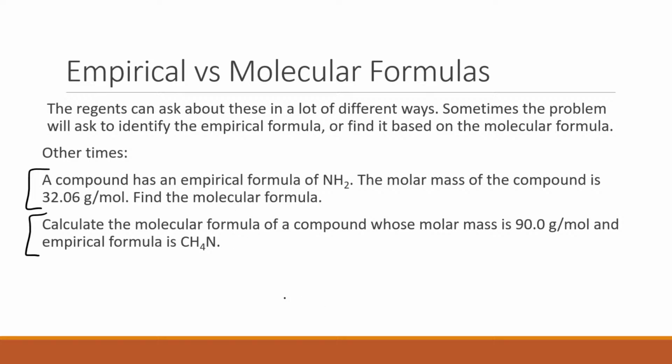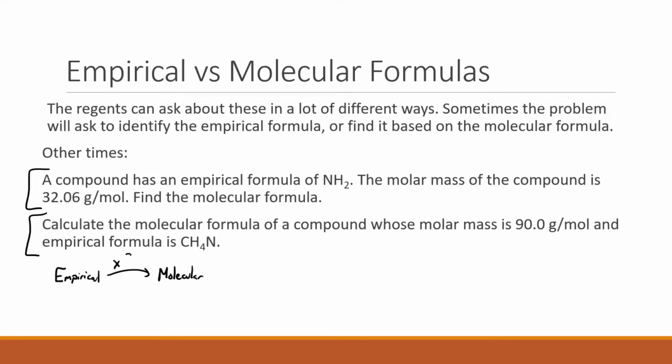To go from molecular to empirical, we divide. We simplify by dividing. So in order to go from empirical to molecular, we're going to have to multiply. We're going to undo the simplification with multiplication.